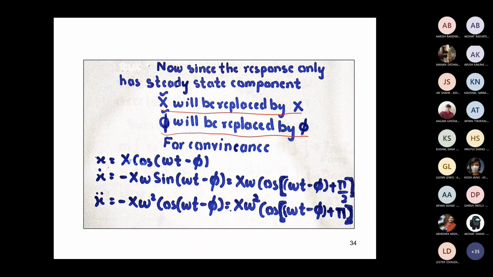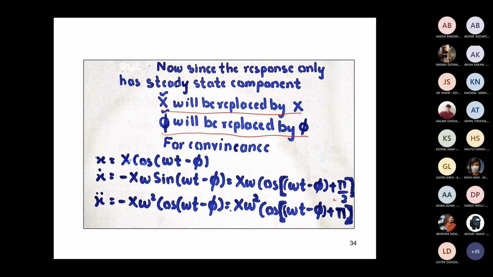So displacement is x cos(omega t minus pi). Velocity is minus x omega, and we can write it in terms of pi by 2, so it is cos(omega t minus pi plus pi by 2), and x double dot is cos(omega t minus pi plus pi). We have already discussed that.